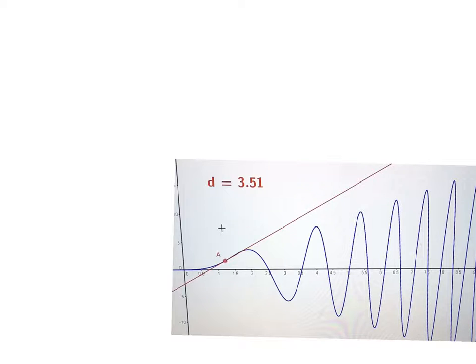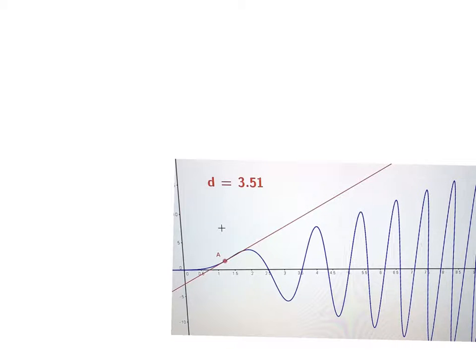We will now look at some special points at which the first derivative is equal to 0, and therefore the slope of the tangent is also equal to 0, which gives a tangent that is parallel to the x-axis.